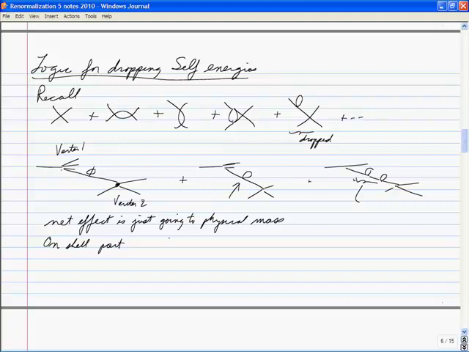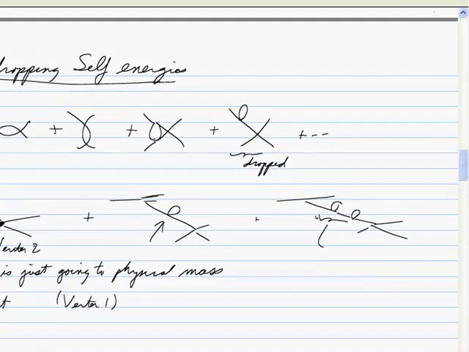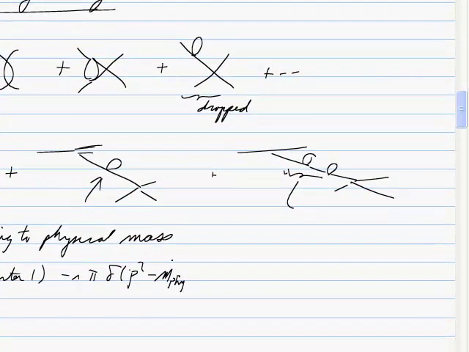And we would have had vertex 1, whatever it is. We would have had the minus I pi delta function of p squared minus m physical squared. We would have had this factor of z, and then you would have had vertex 2.